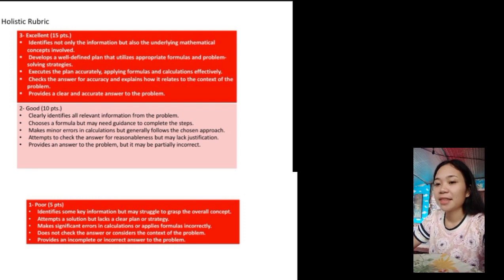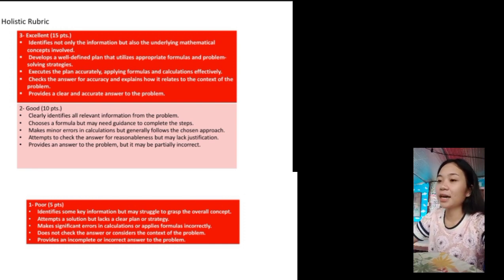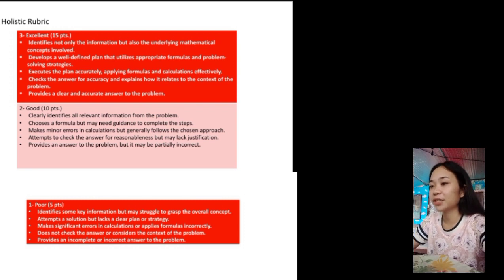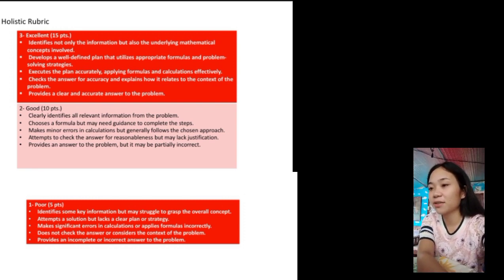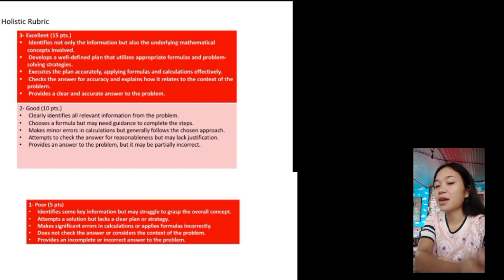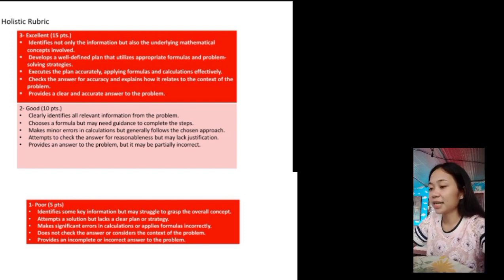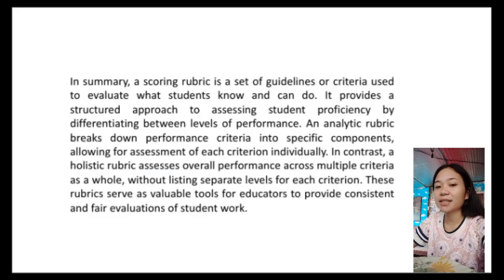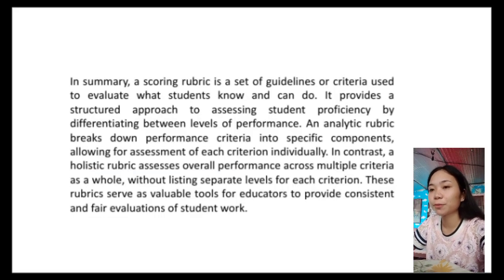They are the same, but as you can see, it does not list separate levels of performance for each criterion. Instead, it evaluates overall performance across the multiple criteria as a whole. So that is my holistic rubric.